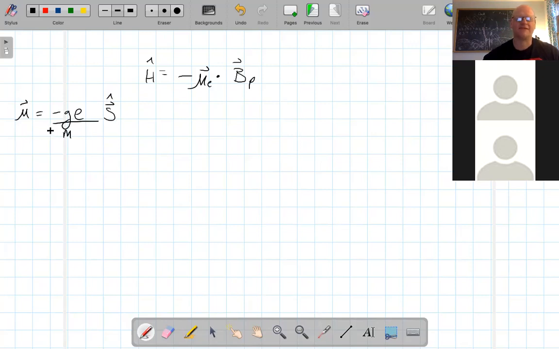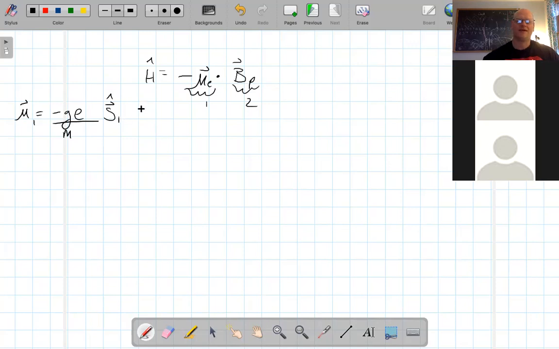The spin vector: if we call the electron particle 1, these are the spin components from particle 1. The magnetic field is also proportional to the spin of the proton, which we'll call particle 2. Because the magnetic field is created from the magnetic moments, it's proportional to S2.